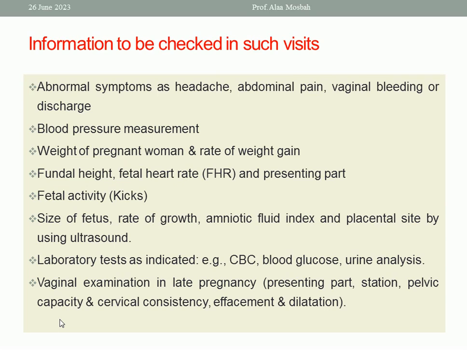Also, weight of pregnant women and rate of weight gain, because it's better to be in the average normal. Fundal height, fetal heart rate, symphysis fundal height, I mean, to know if the gestational age is consistent with the symphysis fundal height or not, or small for gestational age or large for gestational age, so I can detect the problem early.